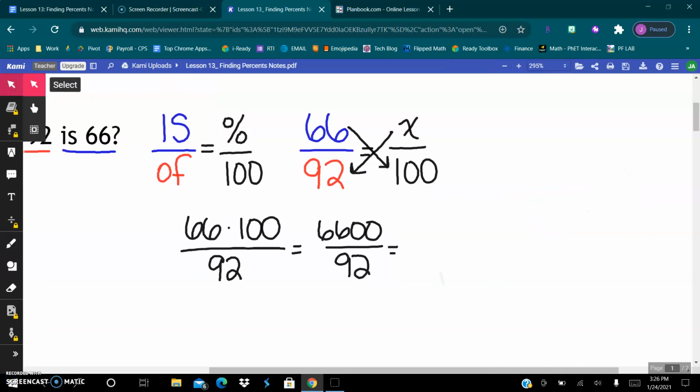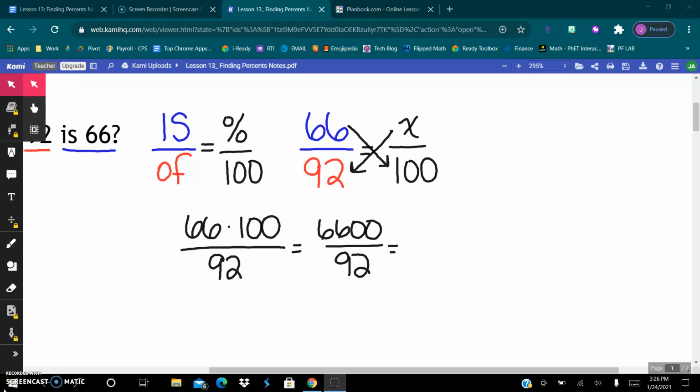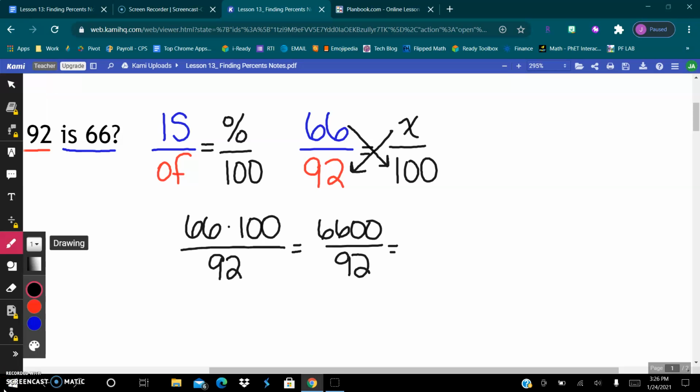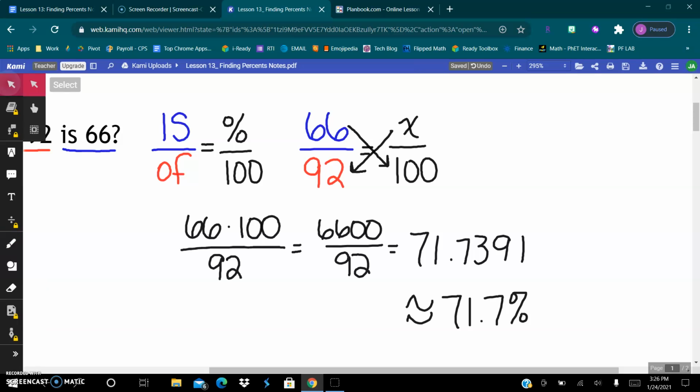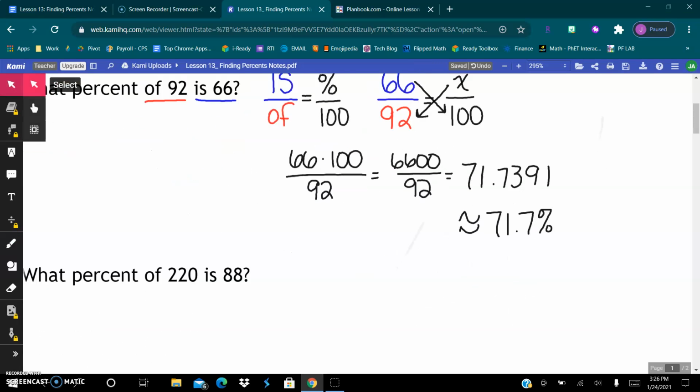And when we do that on our calculators, we get 71.7391. So I'm going to say about, so a squiggly equal sign, 71.7%. I'm going to round to the nearest tenth because it didn't tell us what to round to.